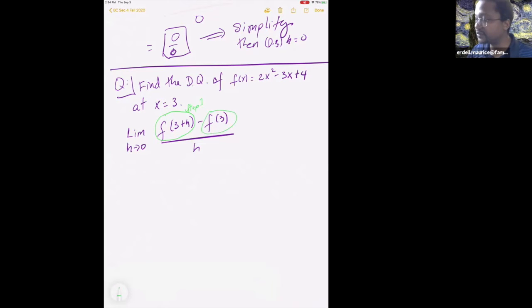Step number 2, I got to then figure out what f of 3 is. Step number 3 is I have to then subtract the 2 answers that I just got from step 1 and step 2. And then last but not least, step number 4 is I have to then divide the result by h.